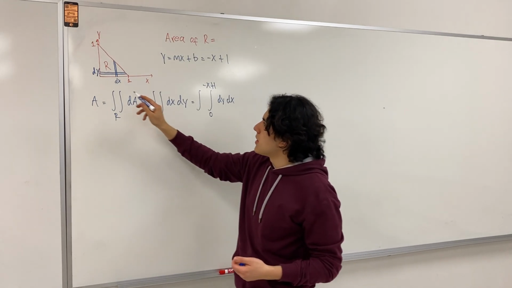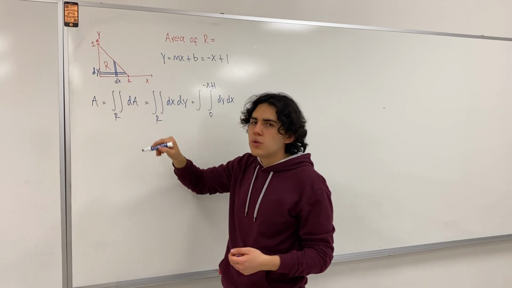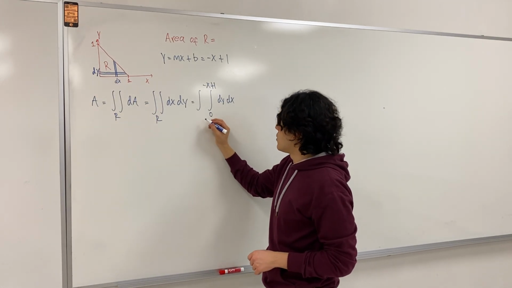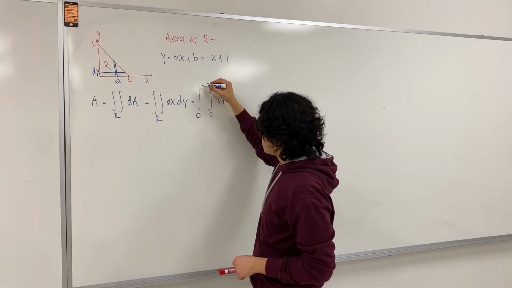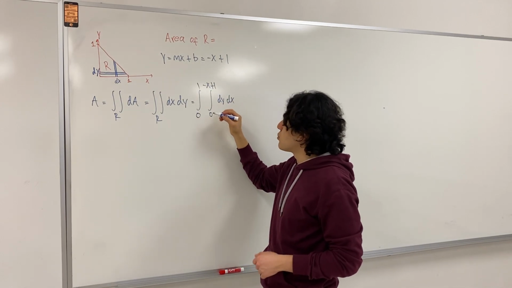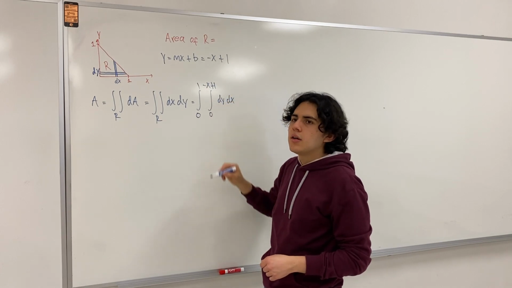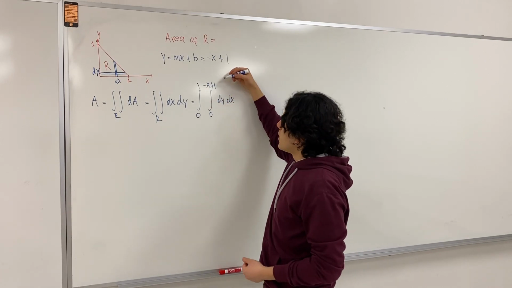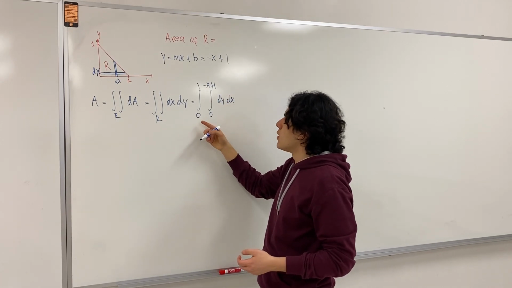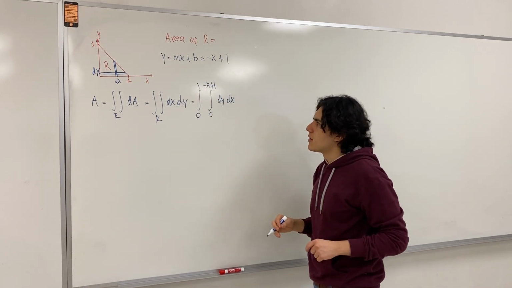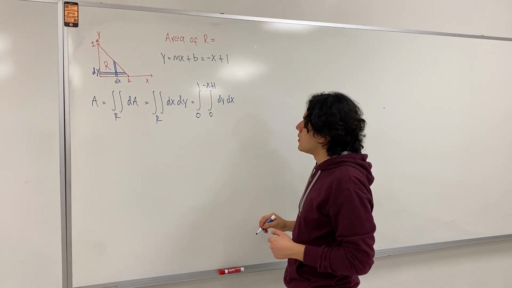In this case, notice that x ranges from 0 to 1, and that is to some extent something we're saying. So basically we can say this goes from 0 to 1, and when we do this, we're also saying that this 0 to minus x plus 1 will have a domain, or at least this upper bound will have a domain of 0 up to 1, okay? I hope that makes sense, and that is the reason behind why we do this.